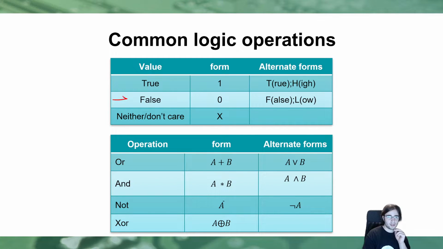And the other one is false. In this one I'm going to be using the 0, and other forms are F for false and L for low. Then there's a third thing, which is neither, or don't care. Neither is mostly not used in computers, because that doesn't really exist technically. We don't have a neither because you would need a third type of signal for that.